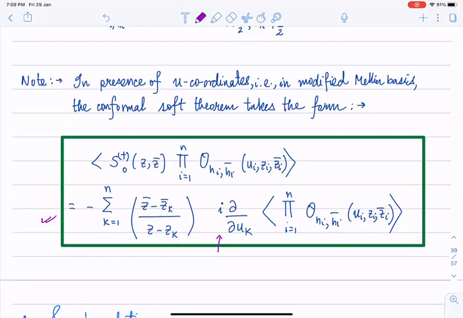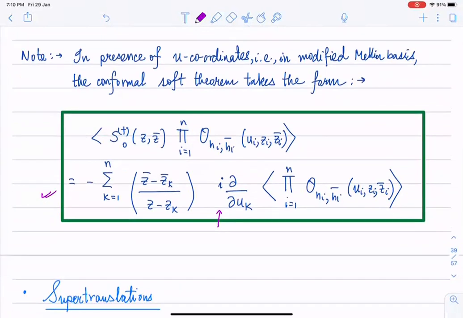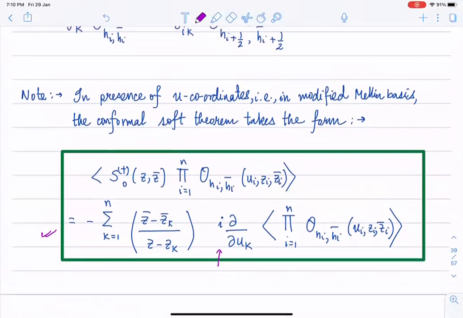Okay, so now let's try to understand what this formula is telling us. One thing which you can immediately recognize from this formula is that this object looks like a Ward identity.